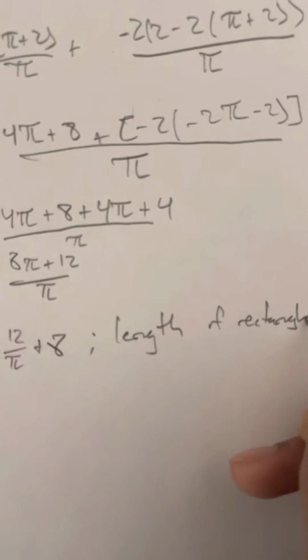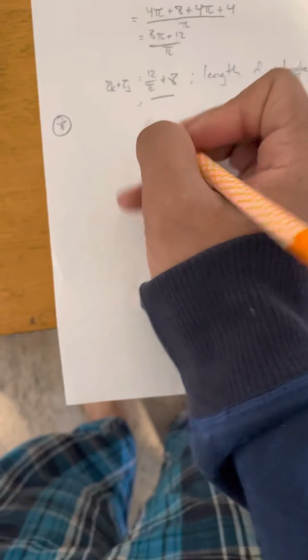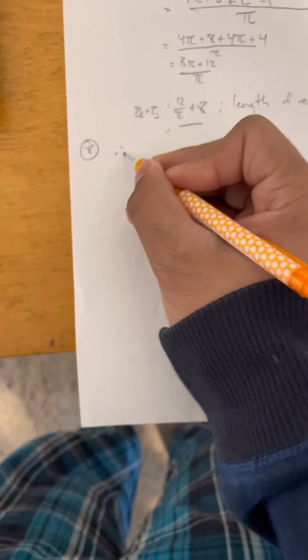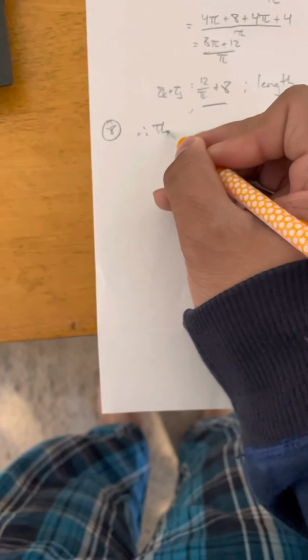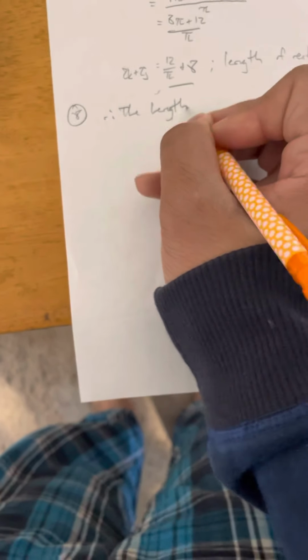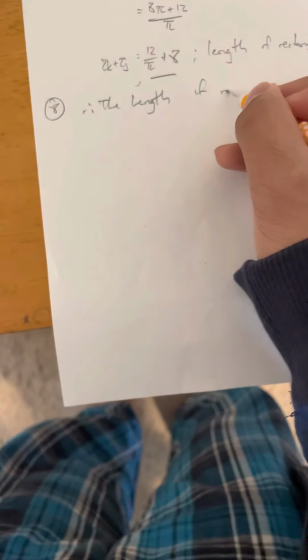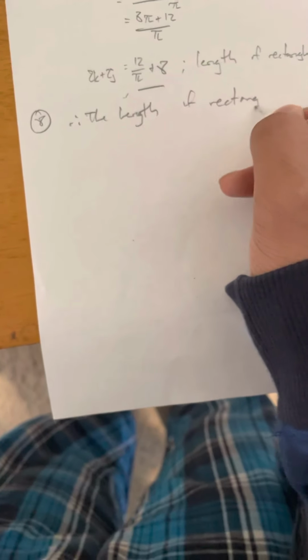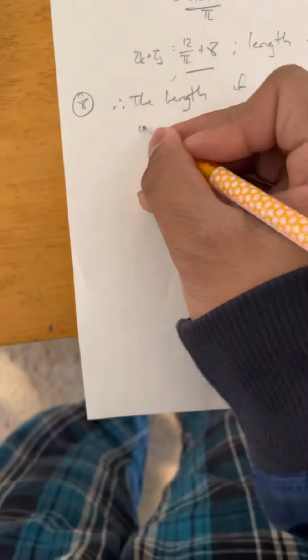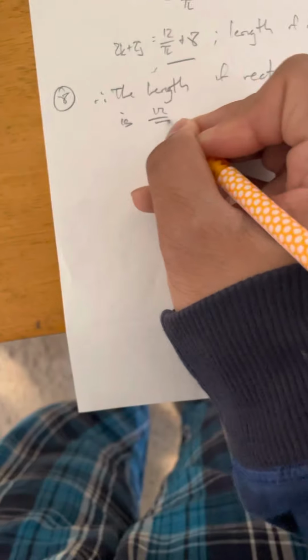And we weren't asked for the width, so we're just going to solve for the length of the rectangle, which we have, 12 over pi plus 8. So our therefore statement would say the length of the rectangle is 12 over pi plus 8.